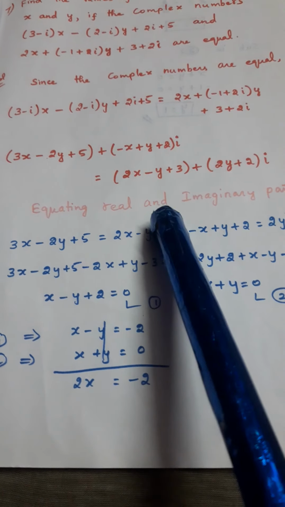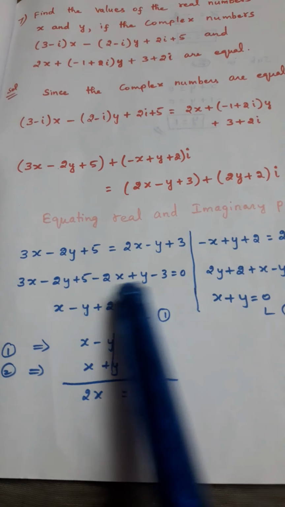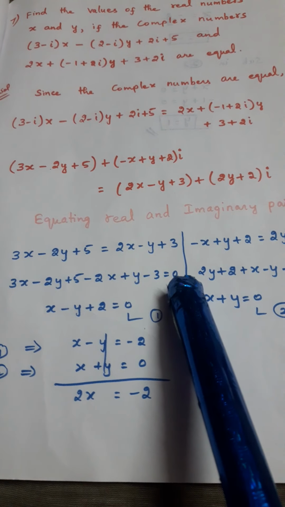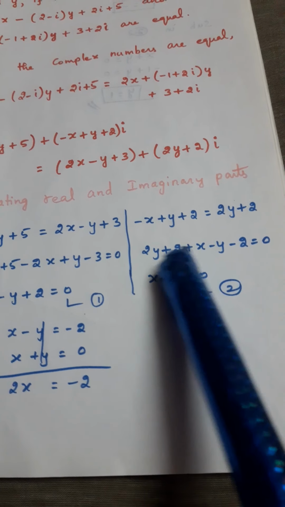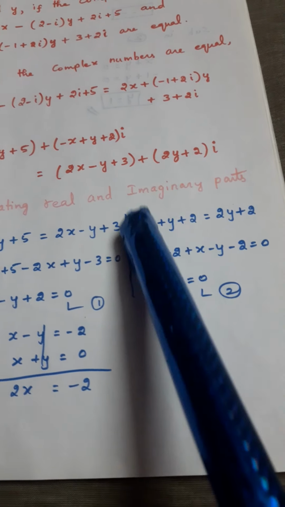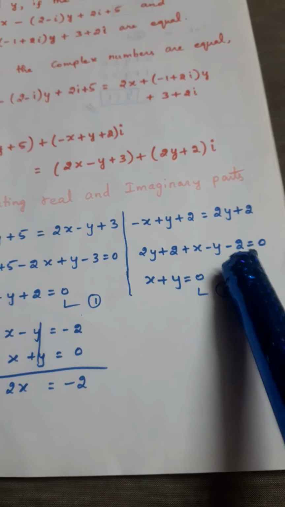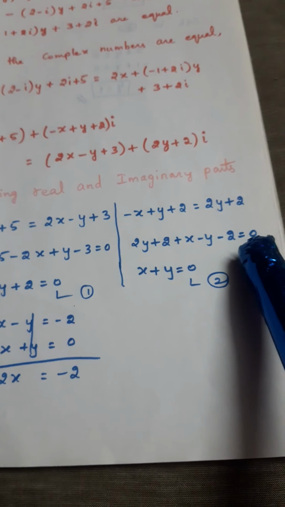These three terms, bring them to the other side, so change the symbol and write equal to 0. Similarly, 2y plus 2 is written here. These three terms are going to the other side, so changing the symbols, equal to 0.